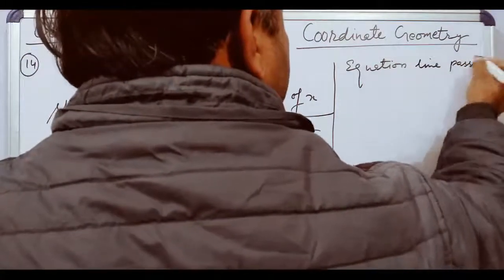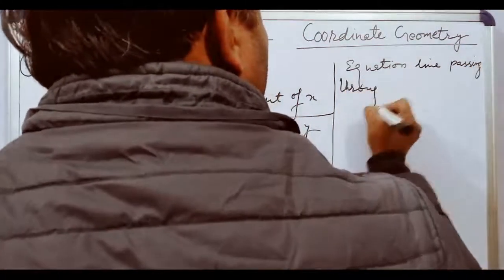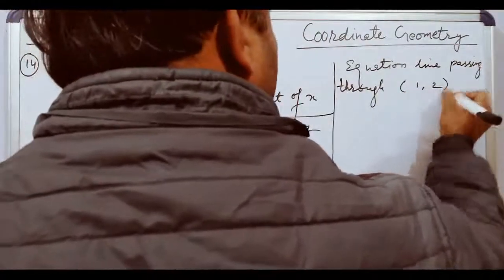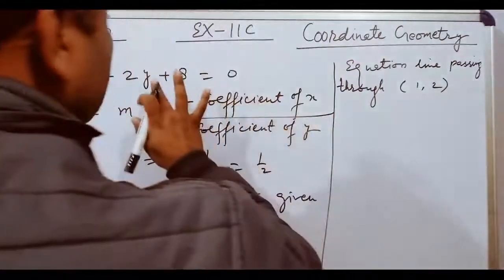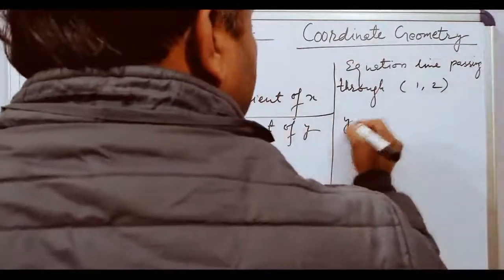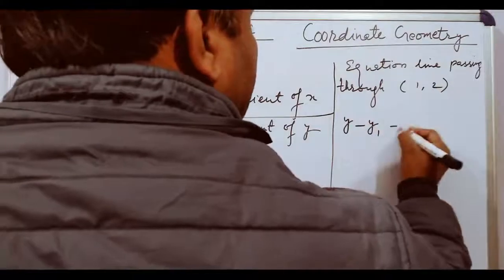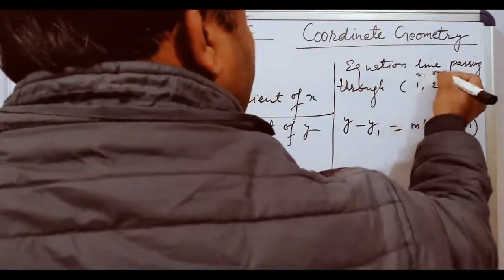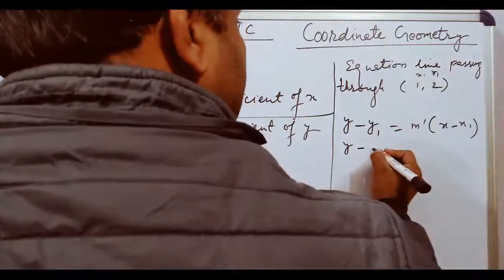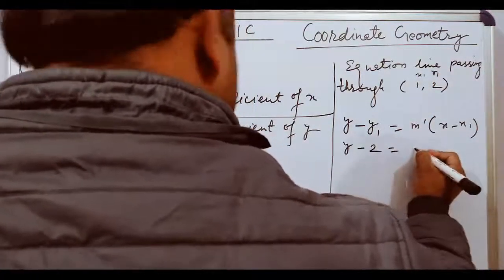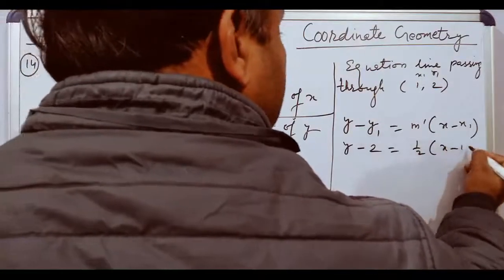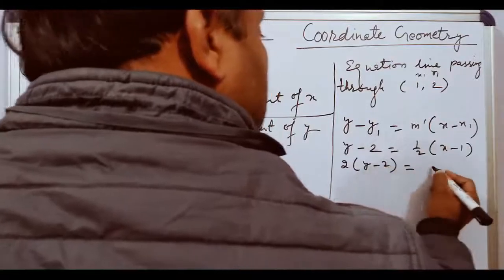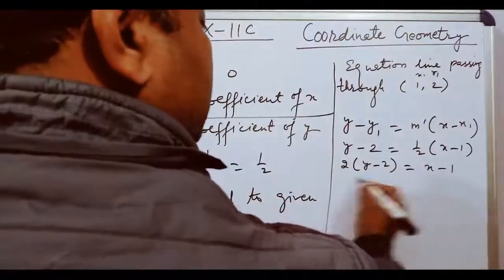Equation of line passing through (1, 2) and parallel to the given line: y minus y1 equal to m dash times x minus x1. This is x1, y1. So y minus 2 equal to 1 upon 2 times x minus 1.